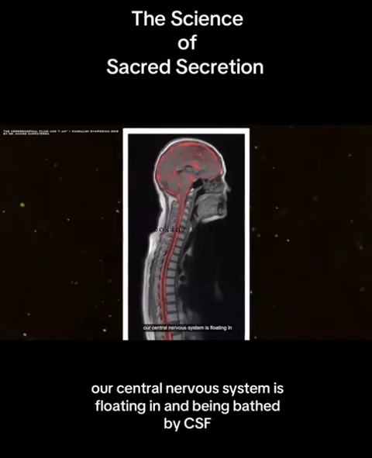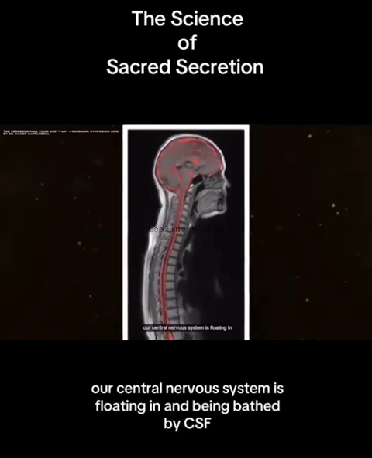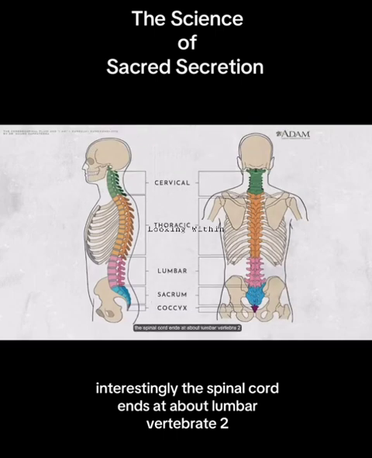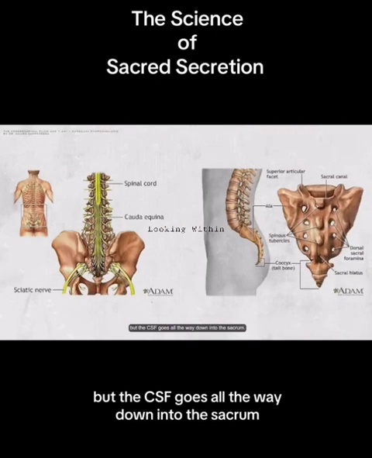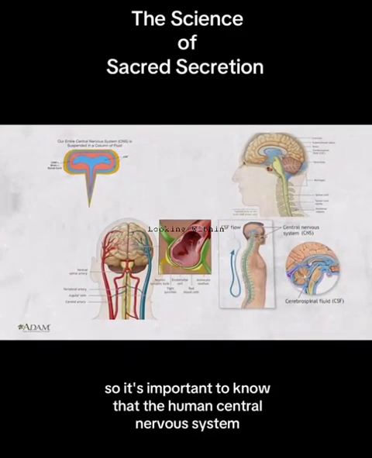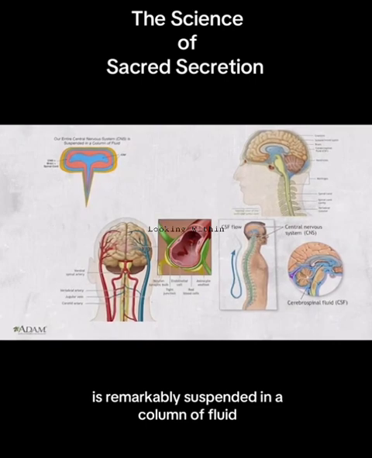Our central nervous system is floating in and being bathed by CSF. Interestingly, the spinal cord ends at about lumbar vertebra 2, but the CSF goes all the way down into the sacrum. So, it's important to know that the human central nervous system is remarkably suspended in a column of fluid.